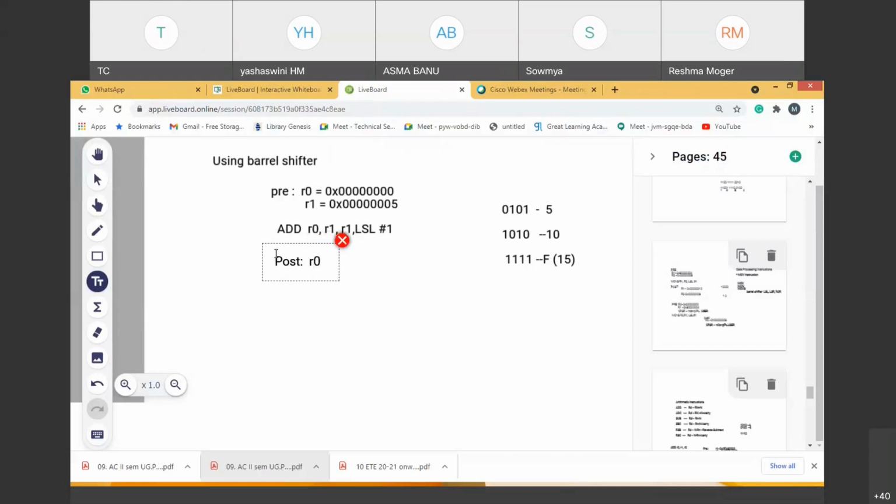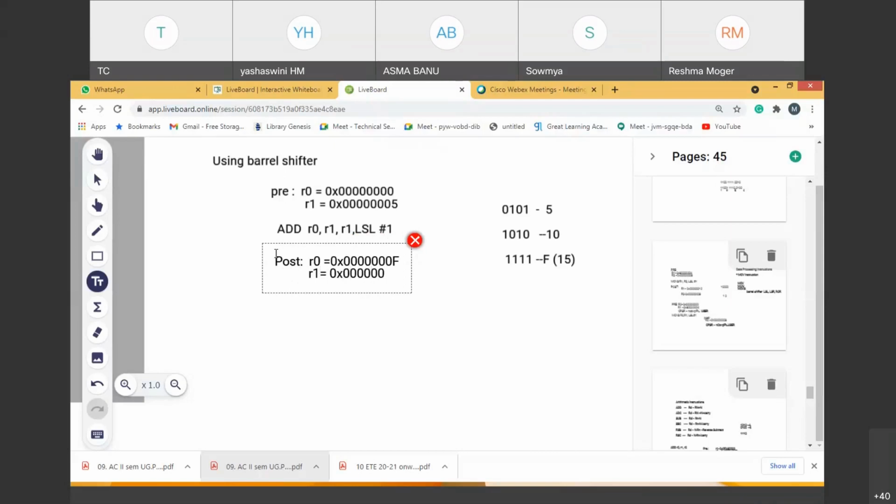R0 is the result where we are feeding. What should be the result? 0x, 4 zeros, and the final result is F. What about the R1 content? R1 will not be affected: 0x, all zeros, followed by 005.